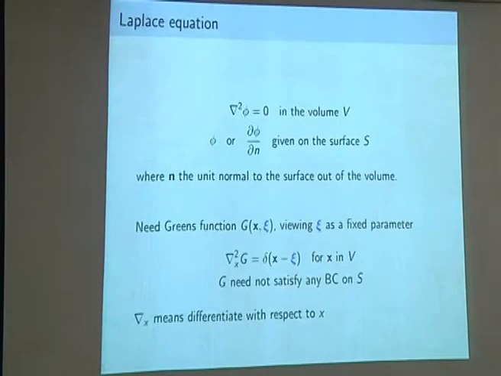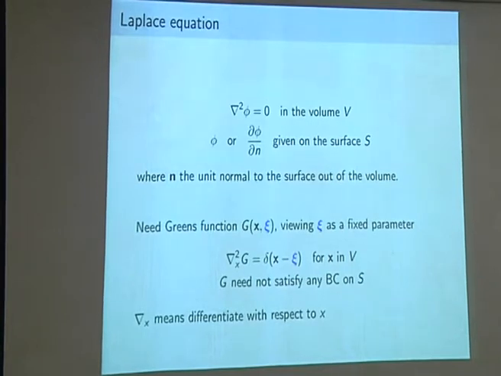Okay, so for potential flow, do Stokes flow right at the end. For potential flow, we have Laplace's equation. The velocity is the gradient of a velocity potential, and the divergence of the velocity field being zero is Laplace's equation.